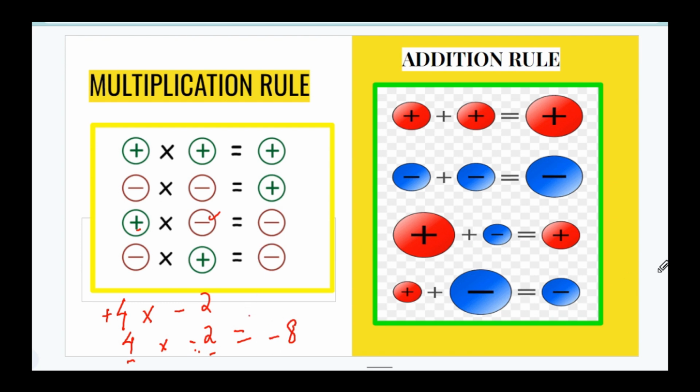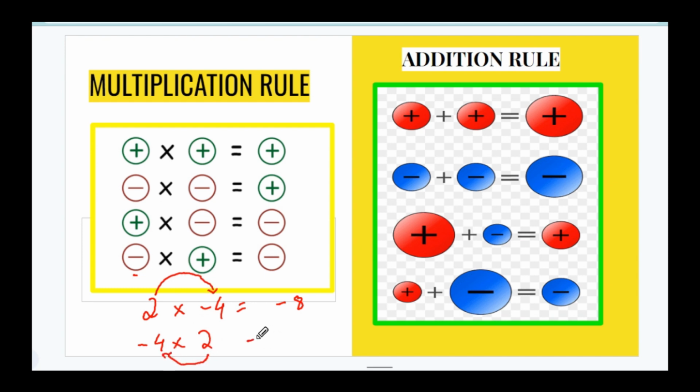Now look at the last one, which is the same as plus times minus or minus times plus. For example, 2 times minus 4 is minus 8, or minus 4 times 2. I have just changed their positions and nothing else.